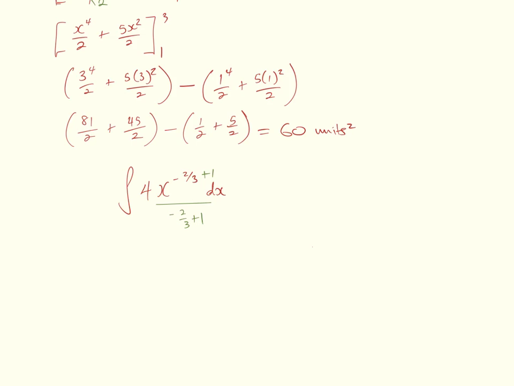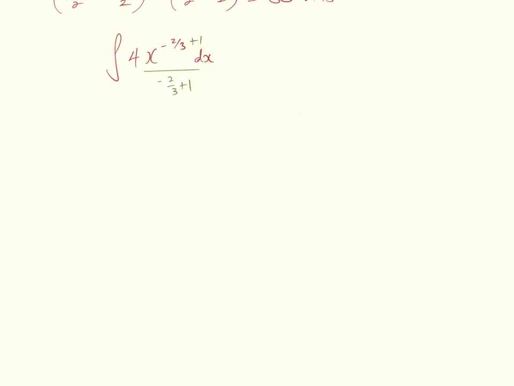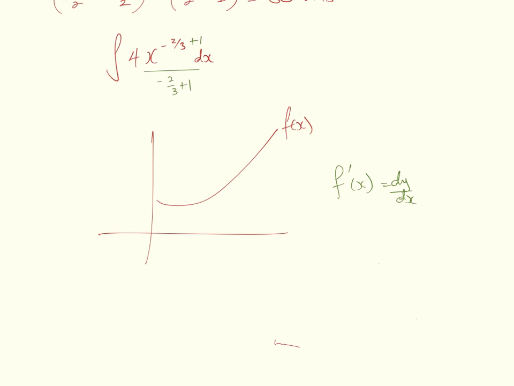One last thing to mention: if you have a curve, let's just say this curve is f of x, when you differentiate that curve, as in finding f dash x or dy dx, depending on what you've got, if you differentiate at a point, you're actually finding the gradient at that point.